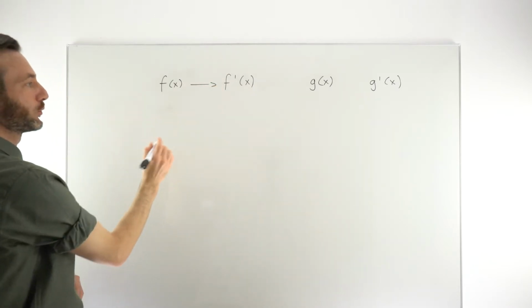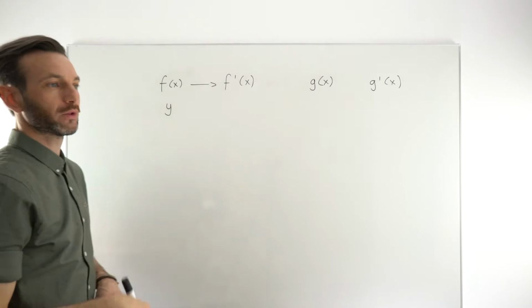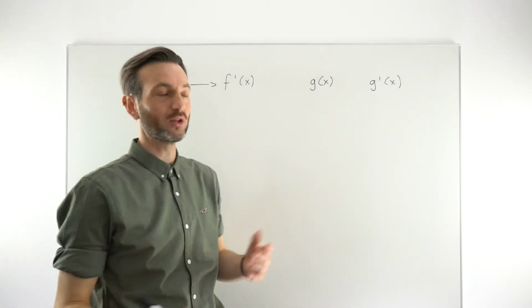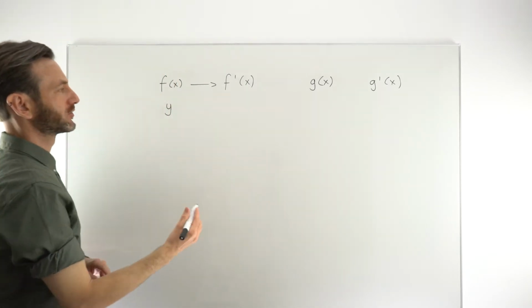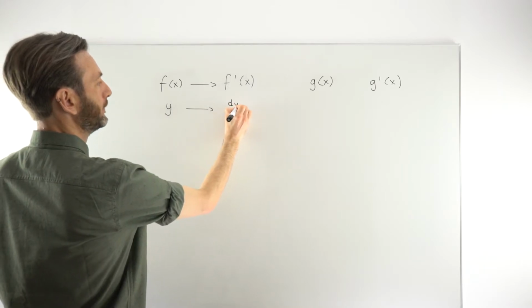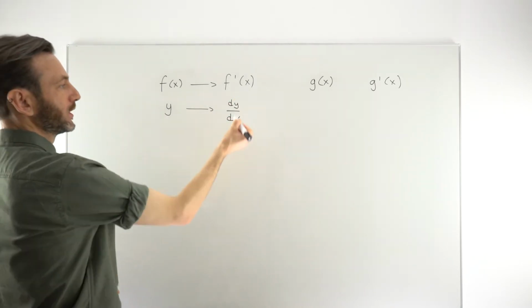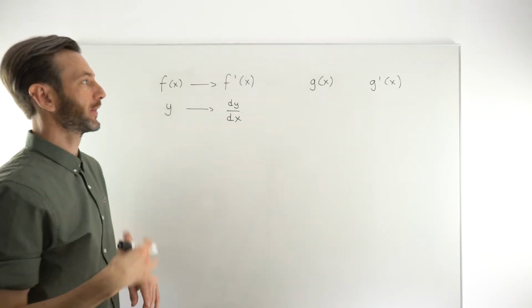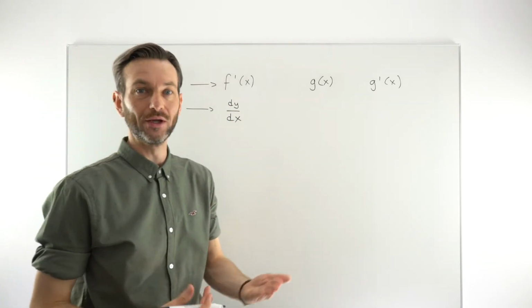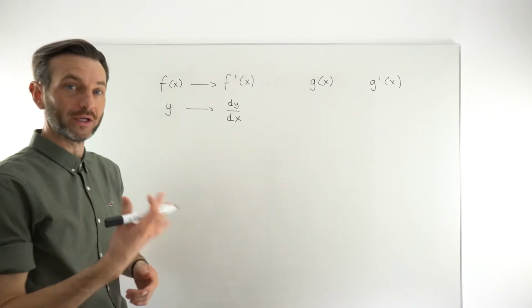If, however, the original function is represented as, say, y equals 2x plus 3 or y equals x squared or something like this, then you'll use the notation dy/dx. And you may have seen some of these notations already as we've done things like define the derivative or define differentiability, if you've been watching some other videos in this series.